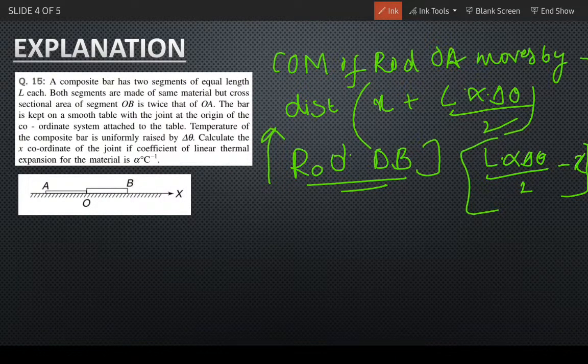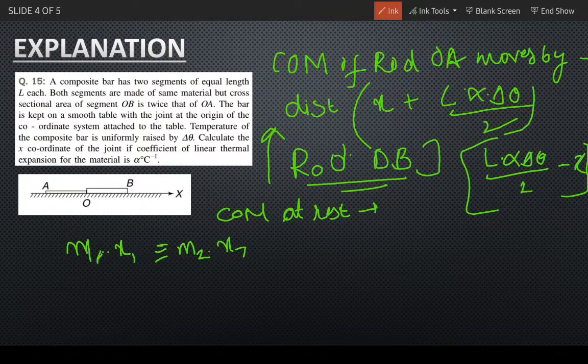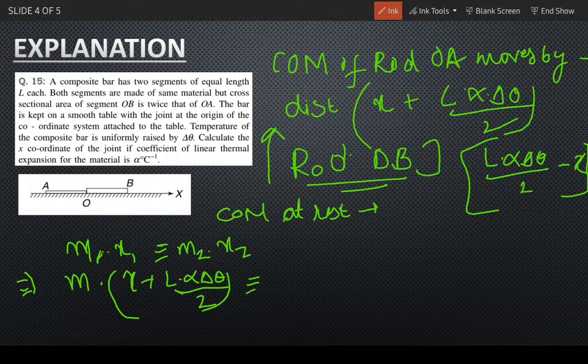So finally, considering center of mass not moving, we can write the equation m1 x1 is equal to m2 x2, which will be further written as m of rod OA into distance moved by rod OA, that is x plus L alpha del theta by 2, is equal to m2, that is 2m into L alpha del theta by 2 minus x.